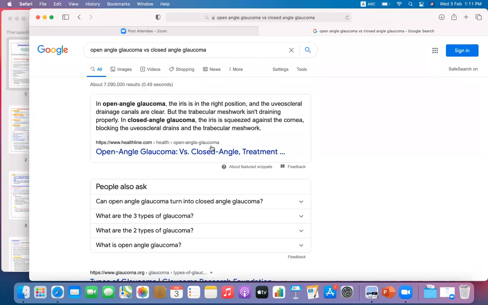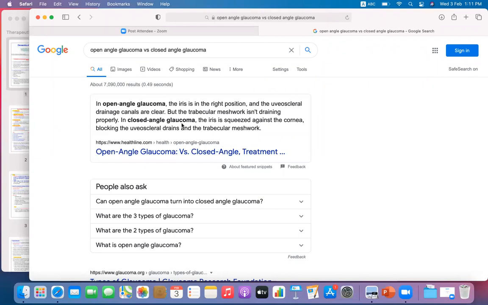If you see in the open angle glaucoma, the iris is in the right position, and the uveoscleral drainage canals are clear, but the trabecular meshwork isn't working and isn't draining properly. If you see here, there is the trabecular meshwork.